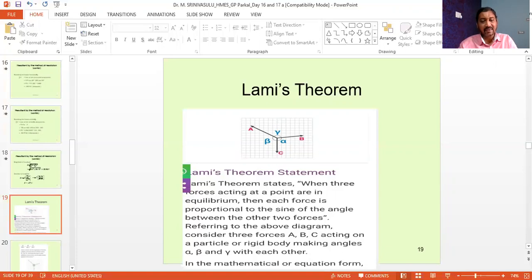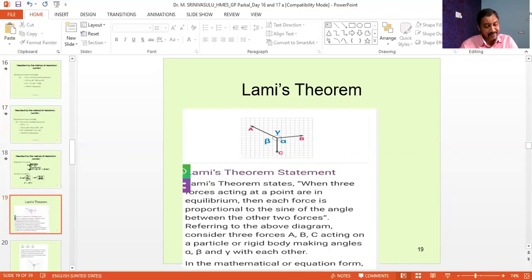So here what is happening is that force A is proportional to sin alpha, force B is proportional to sin beta, and force C is proportional to sin gamma.